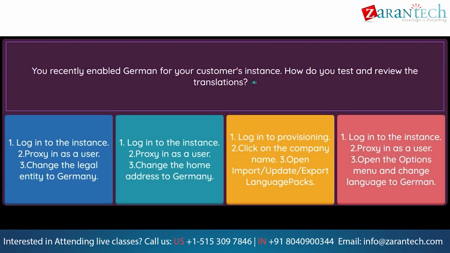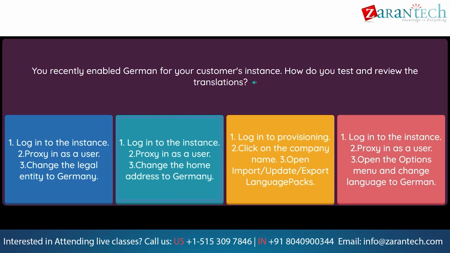Question: You recently enabled German for your customer's instance. How do you test and review the translations? Option 1: 1. Log into the instance. 2. Proxy in as a user. 3. Change the legal entity to Germany. Option 2: 1. Log into the instance. 2. Proxy in as a user. 3.